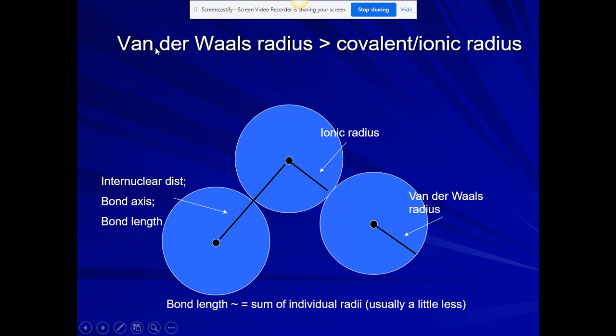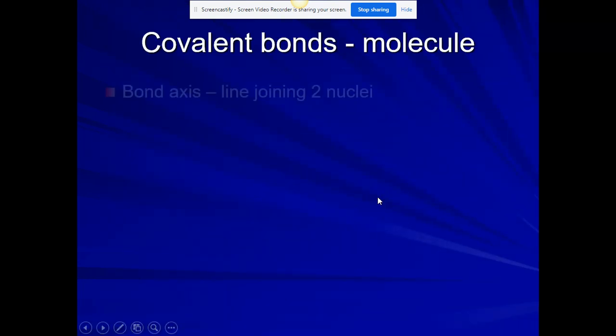That's why the van der Waals radius is going to be greater than the ionic or covalent radii. The non-bonded sides are just a little bit bigger than the bonded sides. So keep in mind these terms when we're referring to things.